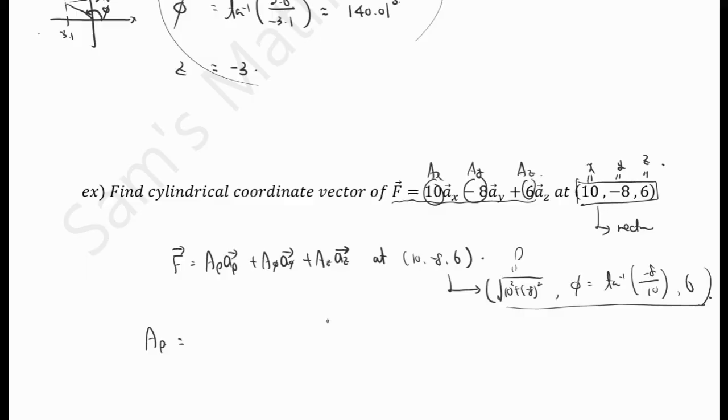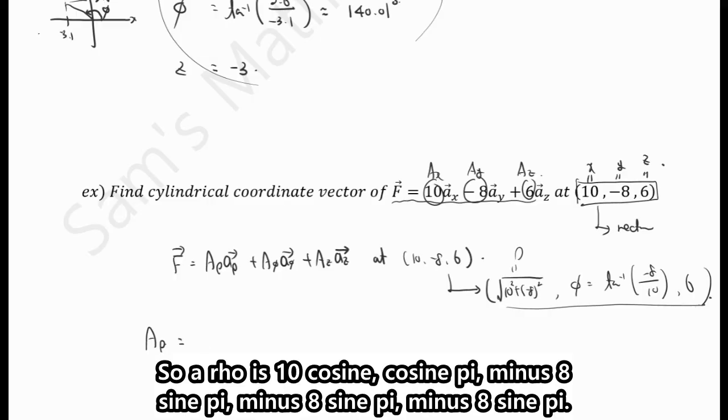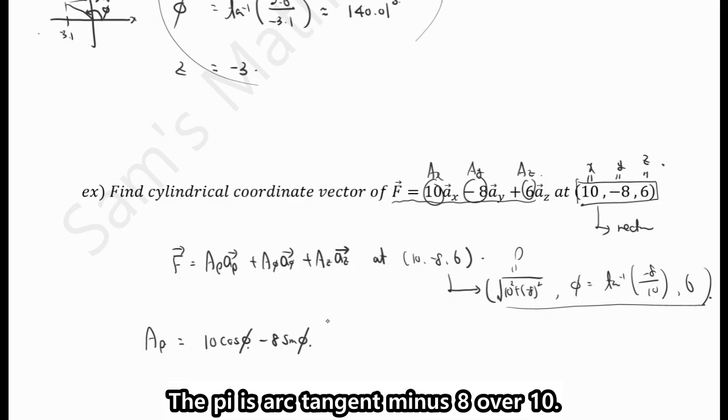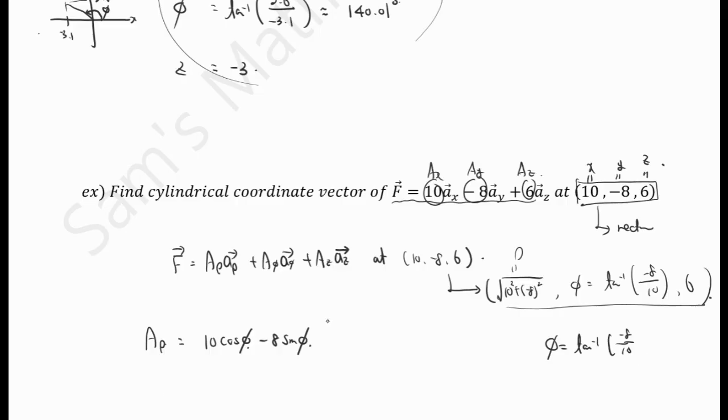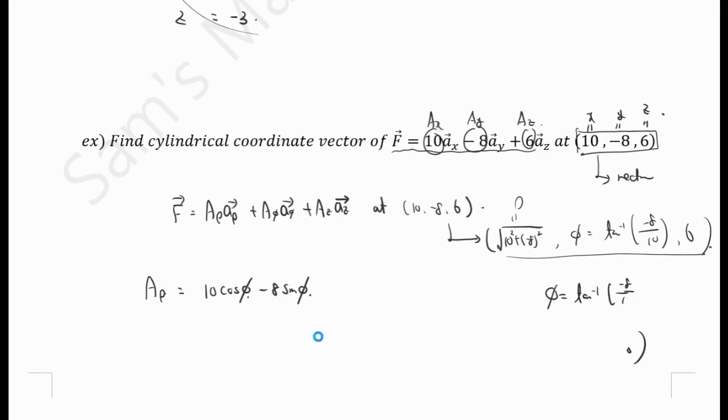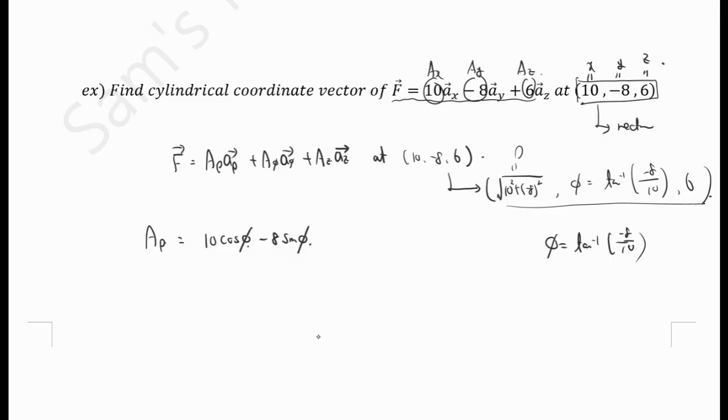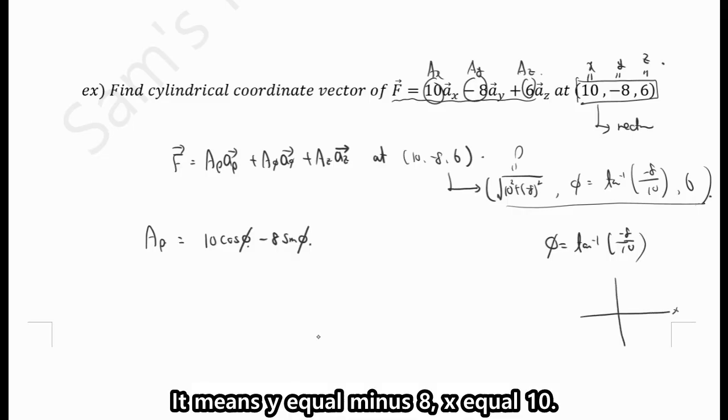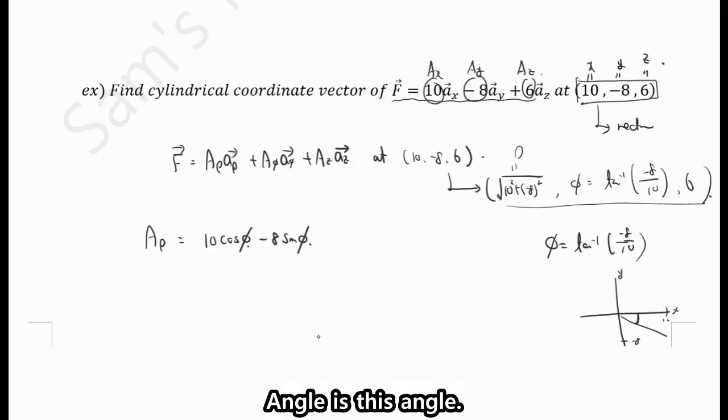So a rho is 10 cosine phi minus 8 sine phi. The phi is arctangent of minus 8 over 10. It means y equals minus 8, x equals 10. The angle is minus 38.66 degrees.